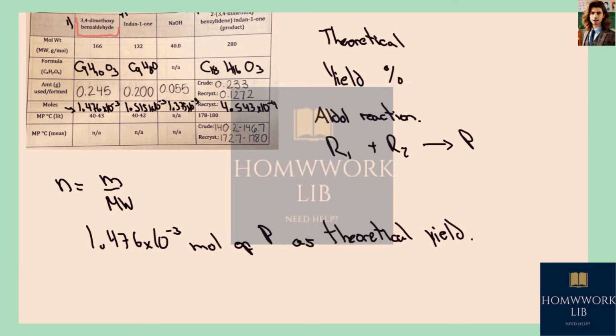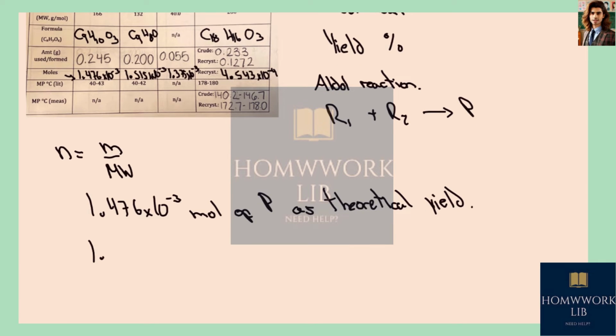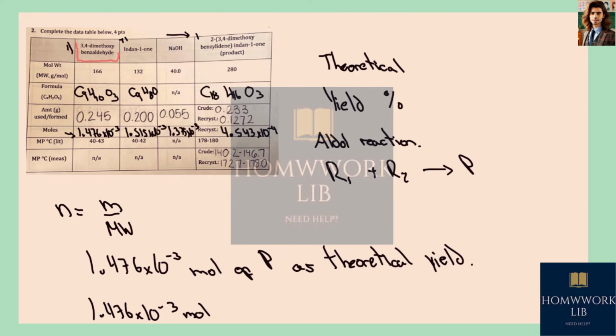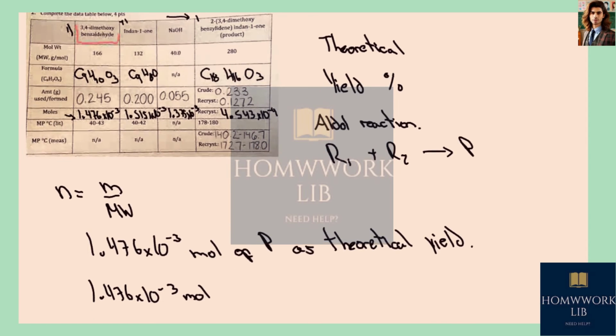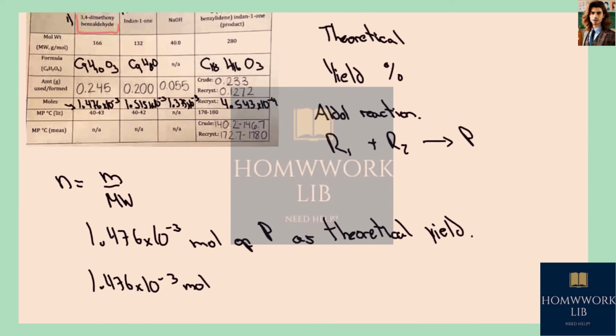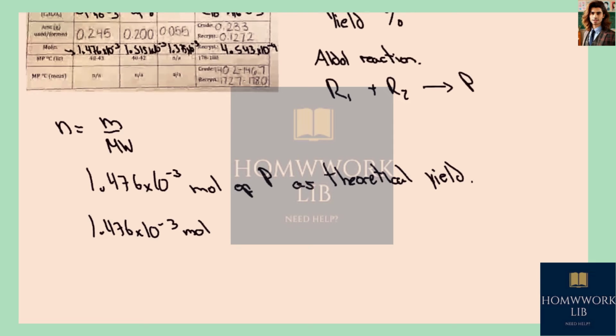This, in terms of grams, can be found using again the molecular weight. So we have moles of product of the 2,3,4-dimethoxybenzalidine 1-one product. We know that the mass is 280 grams per mole, so we need to multiply by the molecular mass.